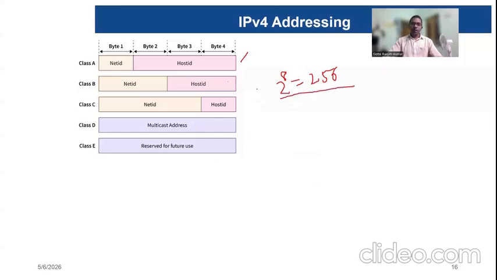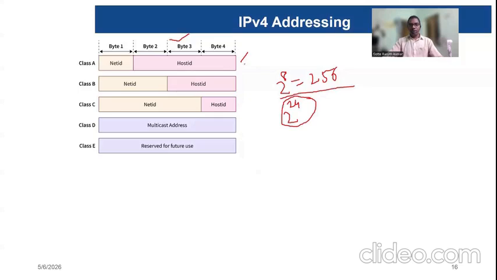And in each network, how many hosts? What is the host part? The host part is 3 bytes, 3 bytes means 24 bits, so 2 power 24. So this many systems can be connected to one network.